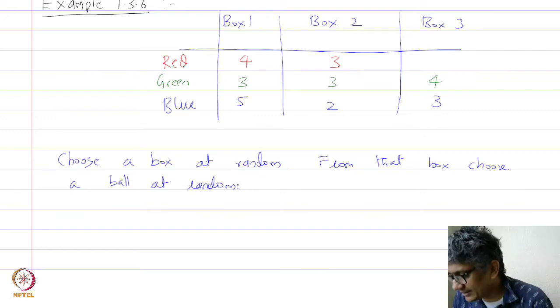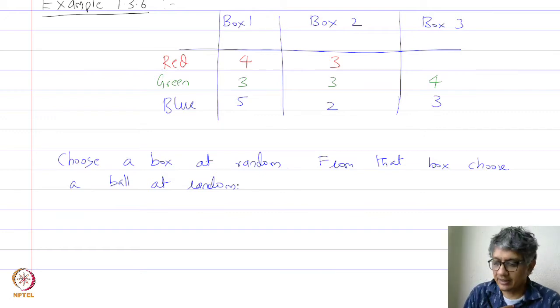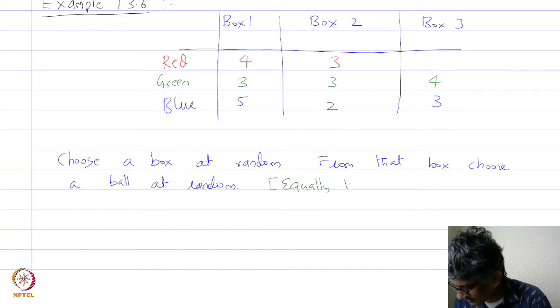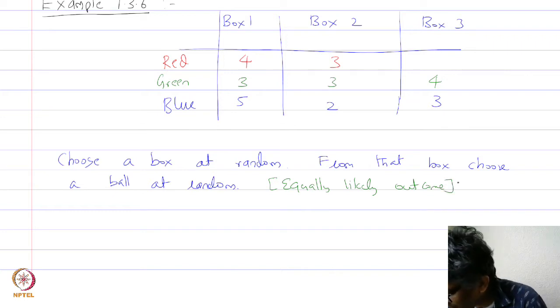I just mean that we are in this equally likely outcome setting in both cases, as each box is equally likely to be chosen, and each ball is equally likely to be chosen.